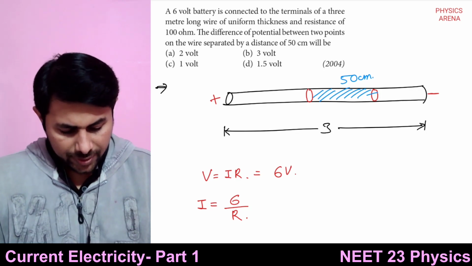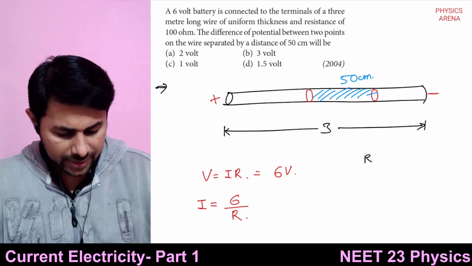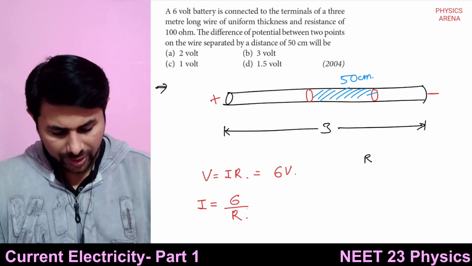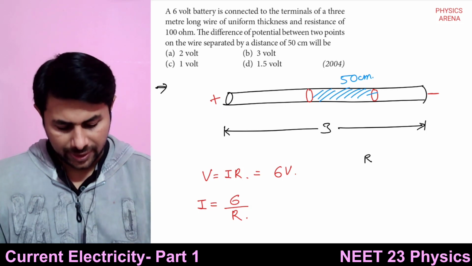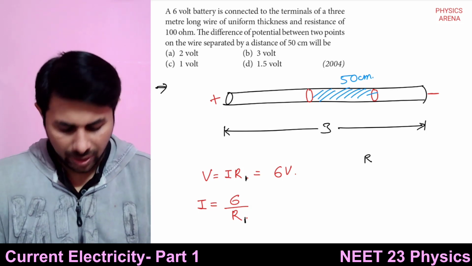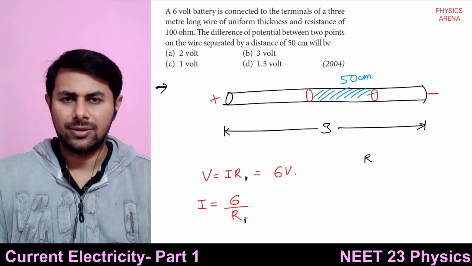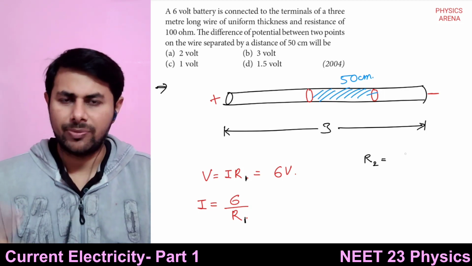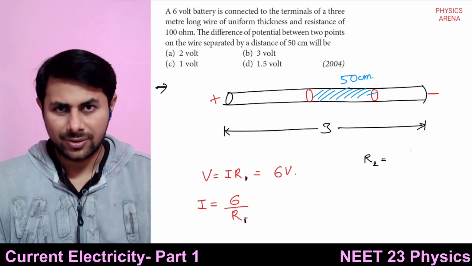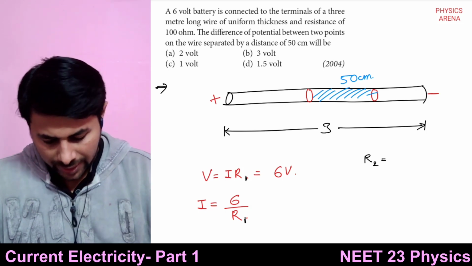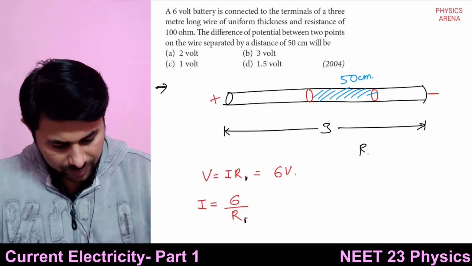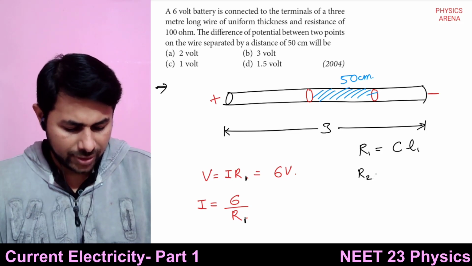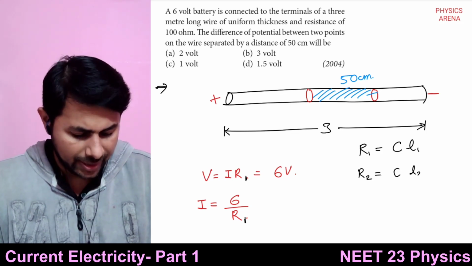We know that resistance is directly proportional to length. If we call the total resistance as R1, how much would be the resistance of this one? Its resistance will be, suppose R2, directly proportional to length. So R1 is equal to some constant multiplied by L1, and R2 is equal to same constant multiplied by L2.